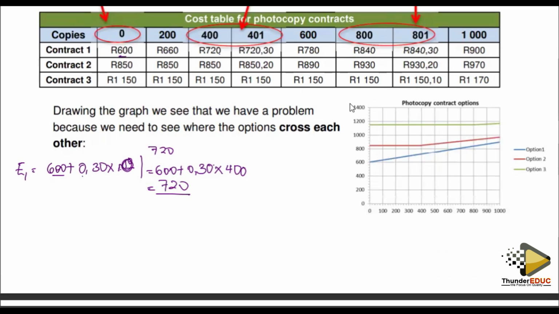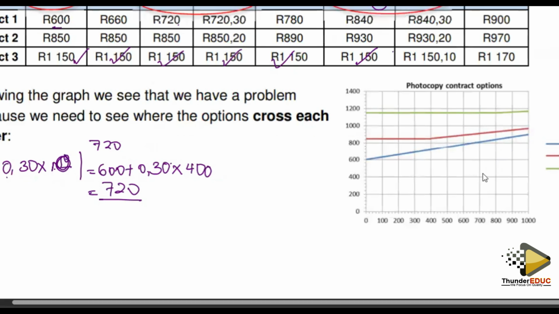We take another example here. You see this number here, it's constant. The number is constant throughout, up to when it reaches what? 800. Now, this is when it starts changing. When you take a clear look at the graph, the green line is option 3, and it's straight up to 800, whereas option 2, it's straight up to 400.